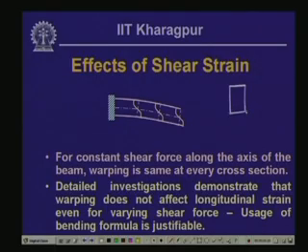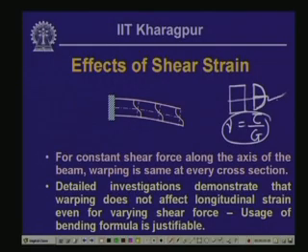As we have seen, the shear stress in such a section varies parabolically, and since it varies parabolically, the shearing strain gamma, which equals tau by G, also varies parabolically. So, at the neutral axis, since the stress is higher, the corresponding shearing strain also is high.